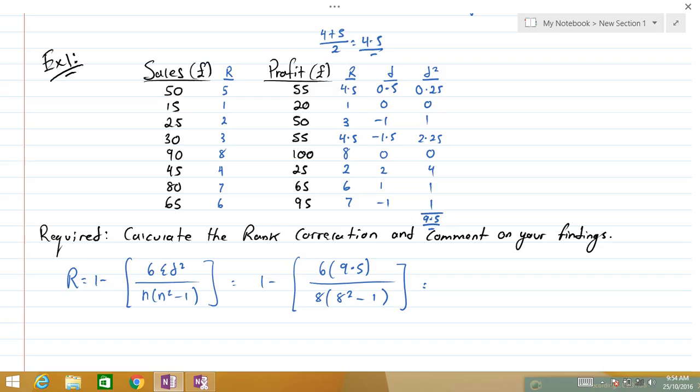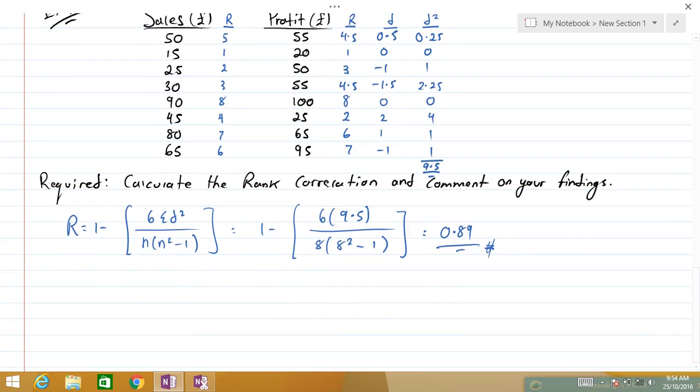So how much you get? 0.89. Then you give the comment, still the same as the long formula. It's a correlation comment, but just change the name.